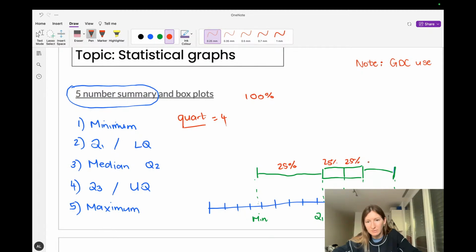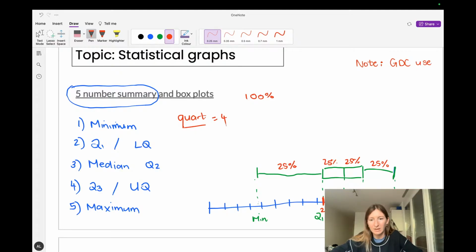And this everyone does seem to know, but they don't seem to know how to apply it to questions. So they'll give you a value here and a value here, let's say 21 and 38, and ask: what percentage of the data is between 21 and 38 centimeters?